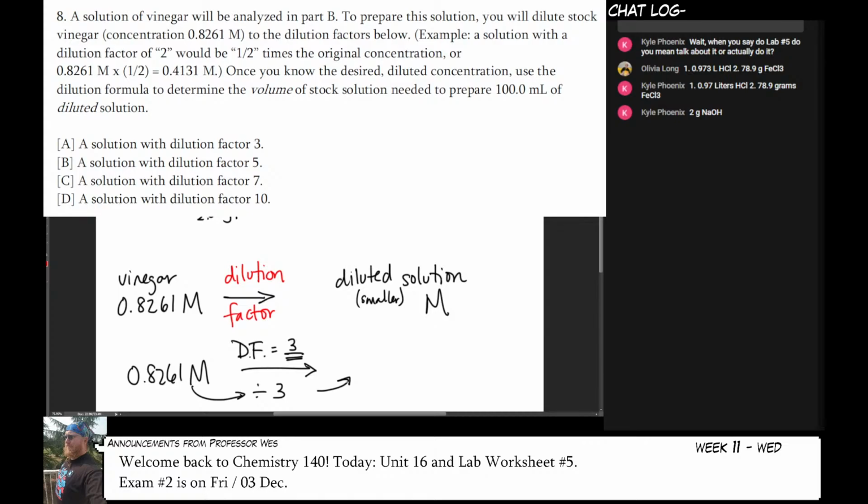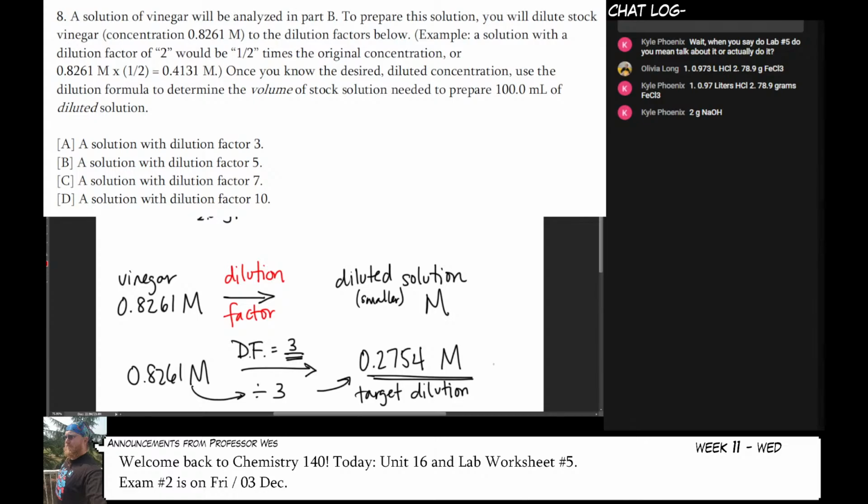So 0.8261 divided by 3, I get 0.2754 moles per liter. And so this is what will be our target dilution molarity.